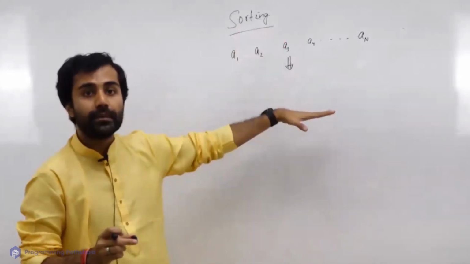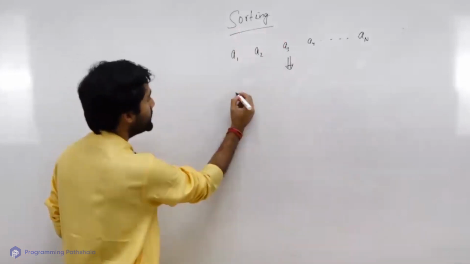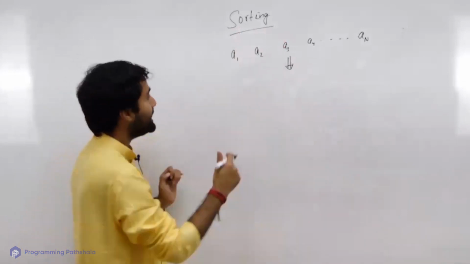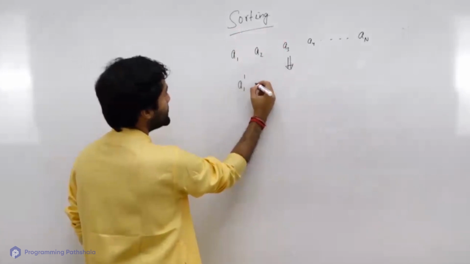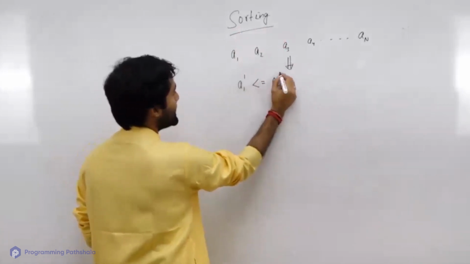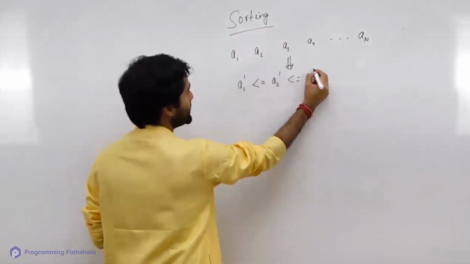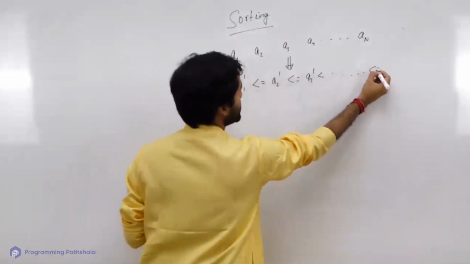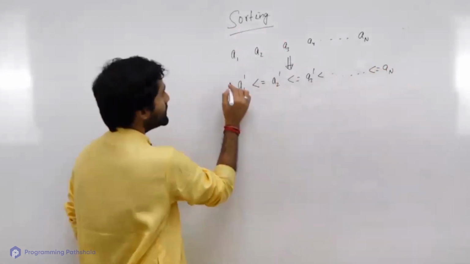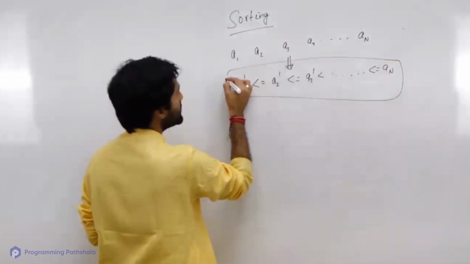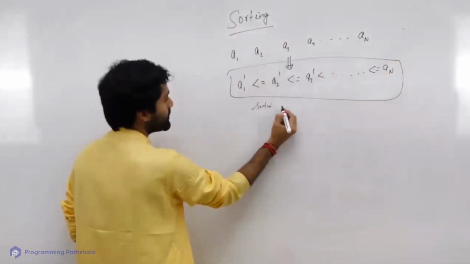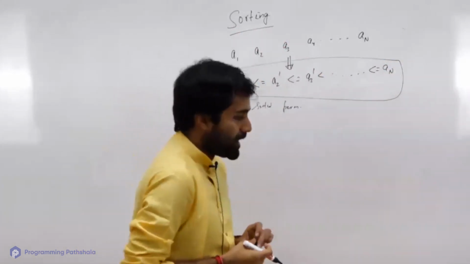So I want to create a permutation of it such that if the first element in the permutation is A1 dash, then A1 dash should be smaller than or equal to A2 dash, should be smaller than or equal to A3 dash, and so on. It should be true till the end. So this is a sorted permutation.